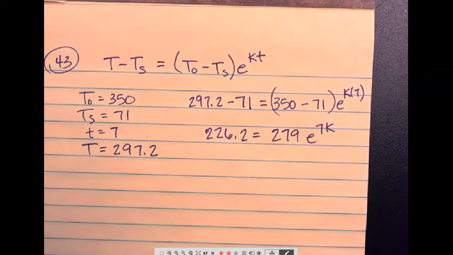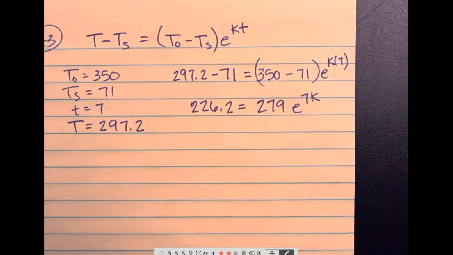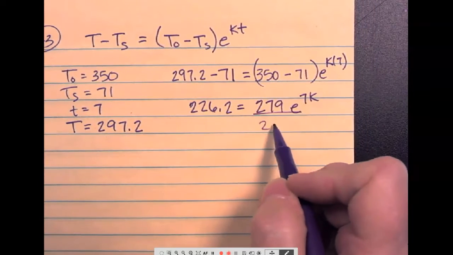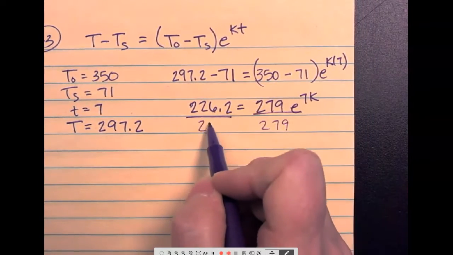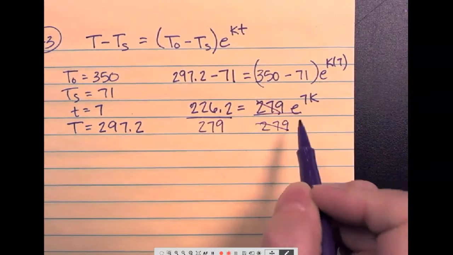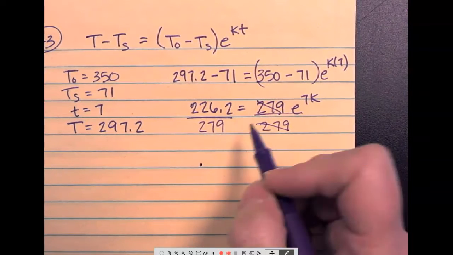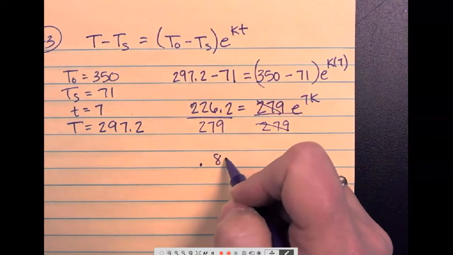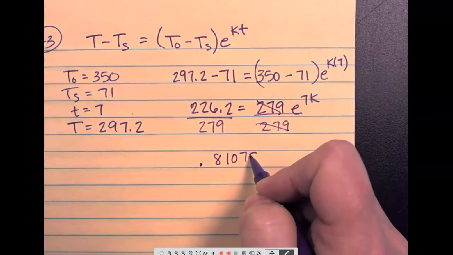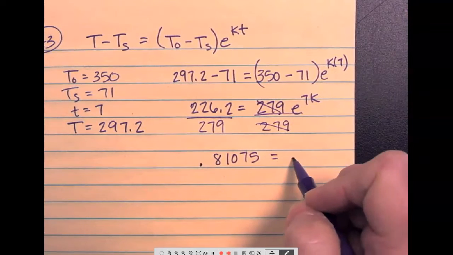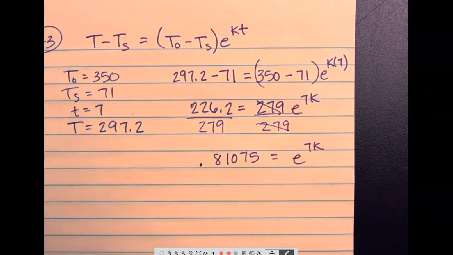Okay, what would I do next? Divide by 279. 226.2 divided by 279 is 0.81075 equals e to the 7k.